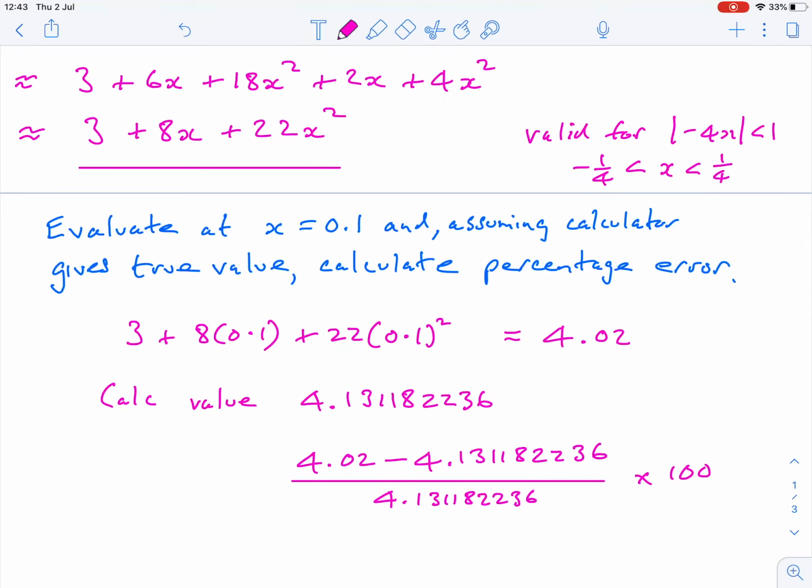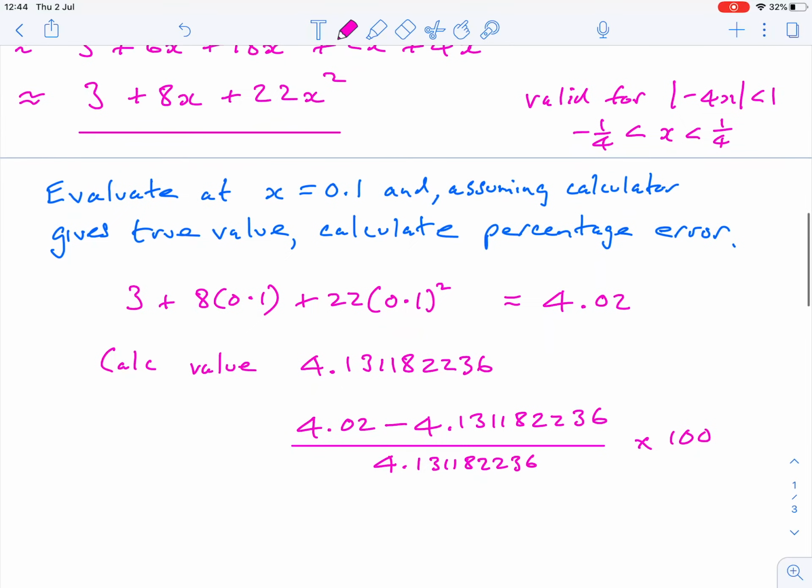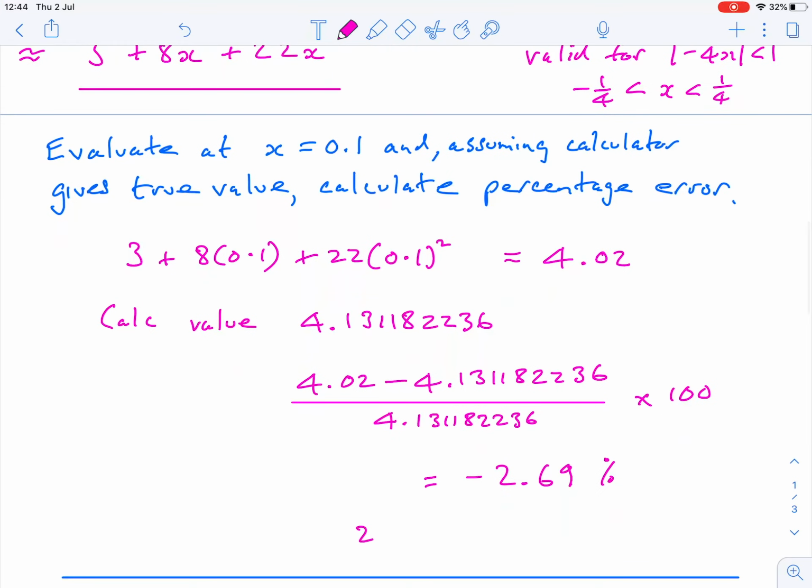So 4.02 minus the answer on my calculator, divided by 4.131182236, times 100. So that gives me minus 2.69%. The negative sign just means that we got an answer lower than the true value. So 2.69% percentage error.